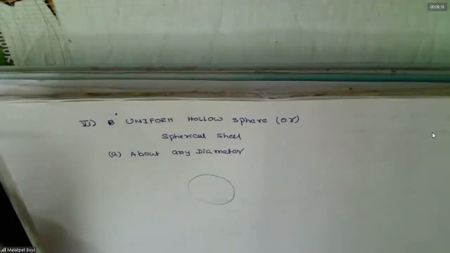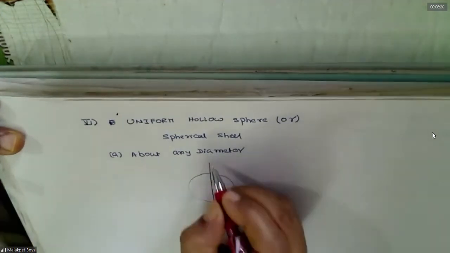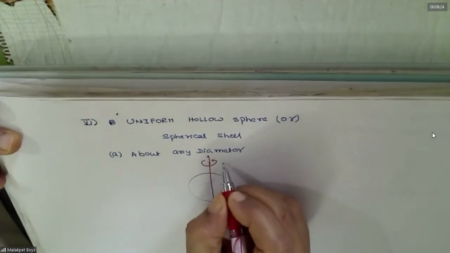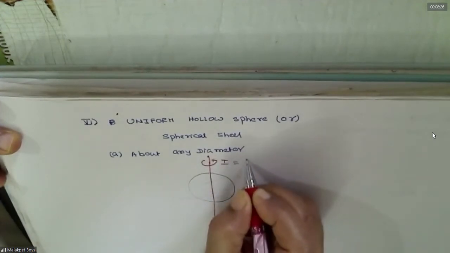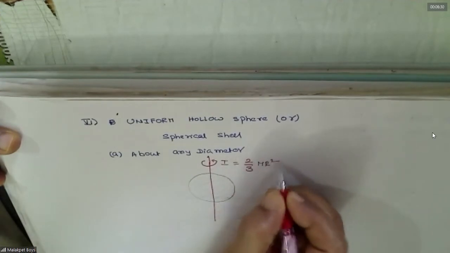You can take any diameter. Remember, hollow will be having more moment of inertia than solid.